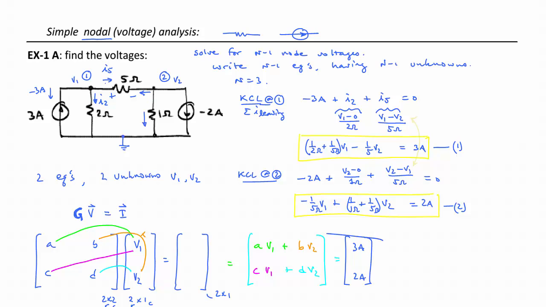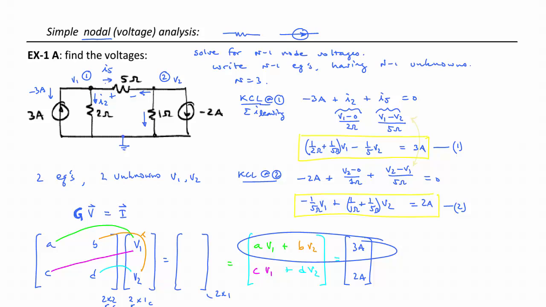Well, if you look at this form and you look at this equation here, they have the same form, right? We just need to replace A and B with the coefficients that are out in front of V1 and V2 in our equations right here and right here.